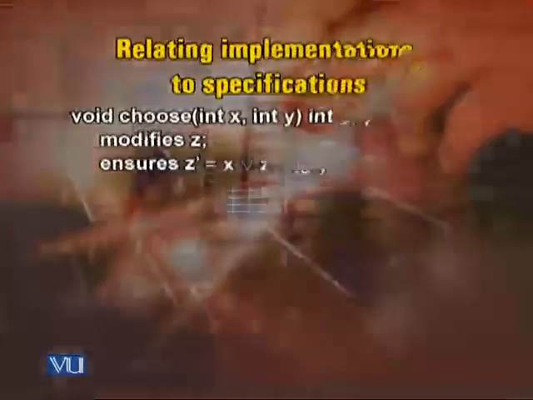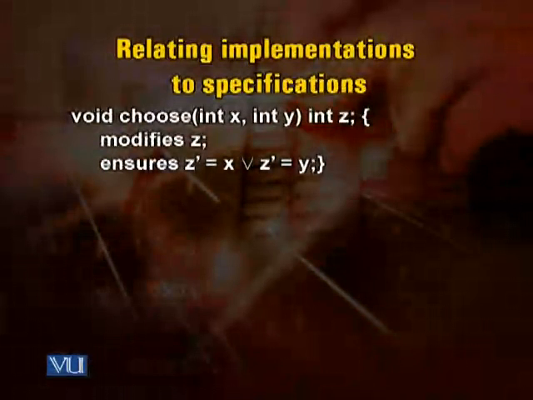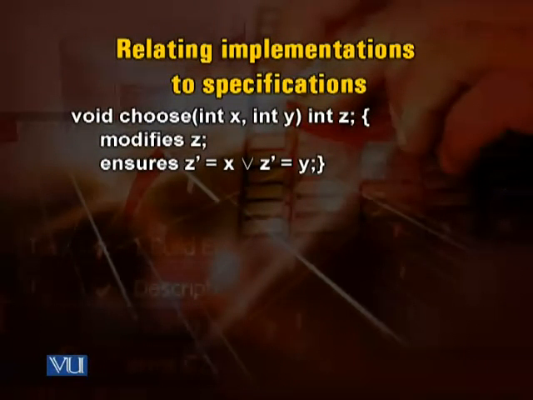Let us look at one example here, and then probably that concept will be clear to you. Here is an interface specification written in LCL. So we have void choose. It takes two parameters, int x, int y, and it has this int z, and the body is, it modifies z and ensures that z' is equal to x or z' is equal to y.